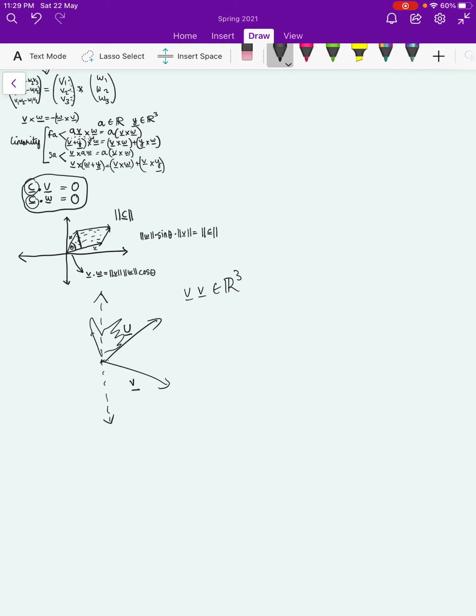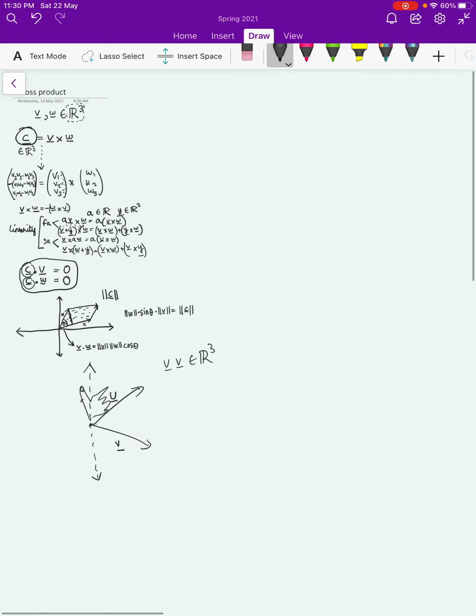We need to actually turn our hand around and curl, and that means it's going downwards. If that makes sense. And this should tell you the direction of the cross product vector.